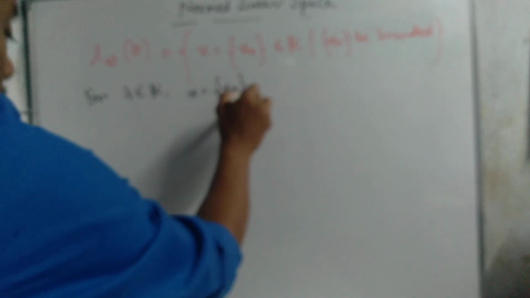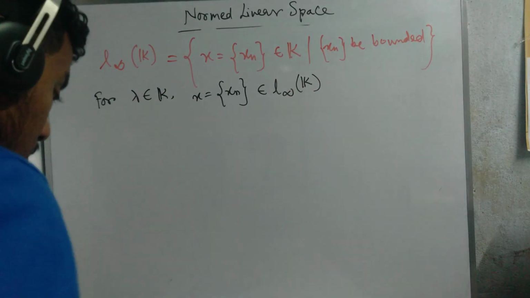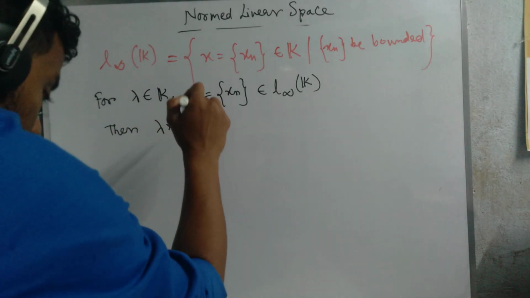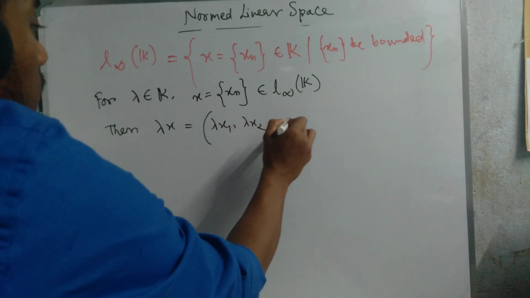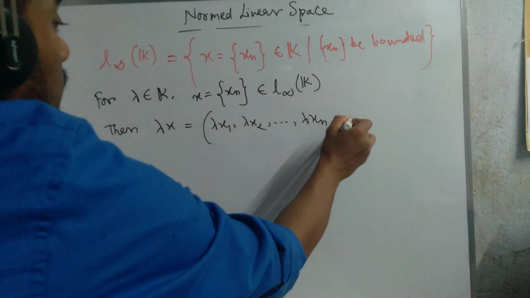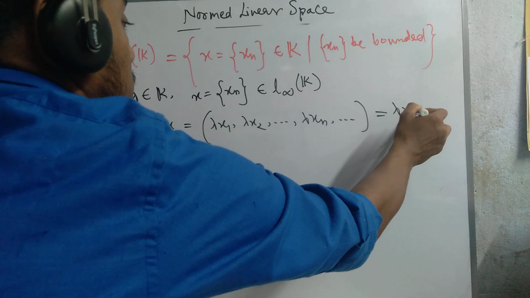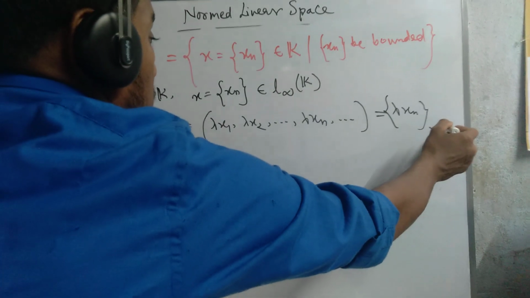Now for lambda belonging to k, x equal to xn belongs to L infinity k. Then lambda x equals lambda x1, lambda x2, and so on, lambda xn, that is lambda xn for n equal to 1 to infinity.